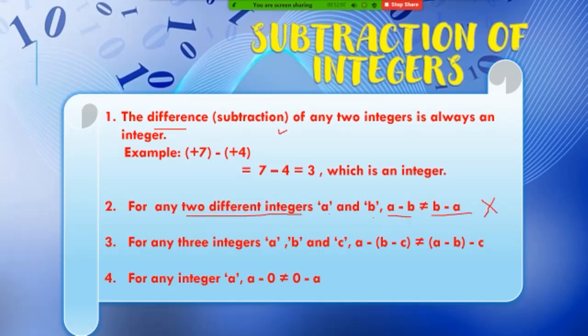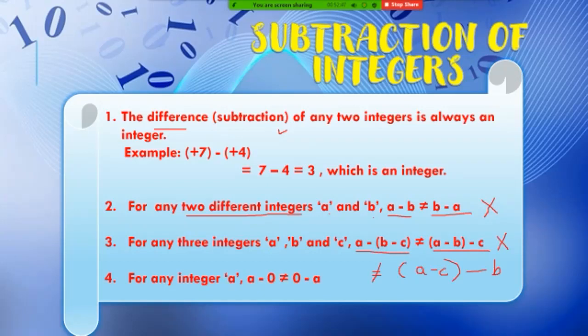For any three integers a, b and c, (a minus b) minus c is not equal to a minus (b minus c). So the associative property also does not hold true for subtraction.